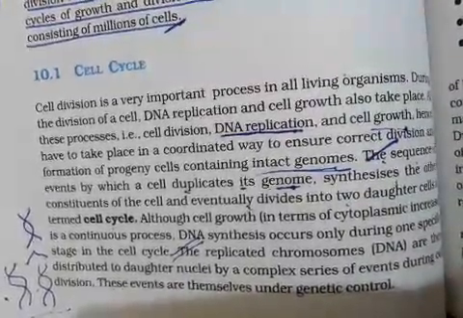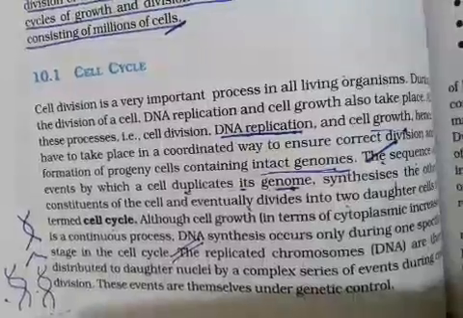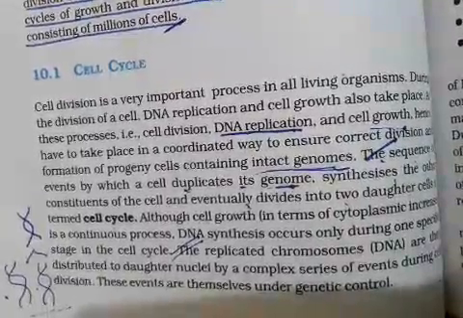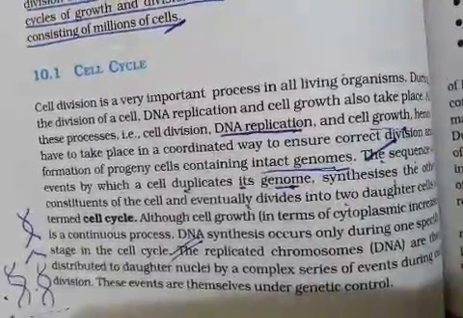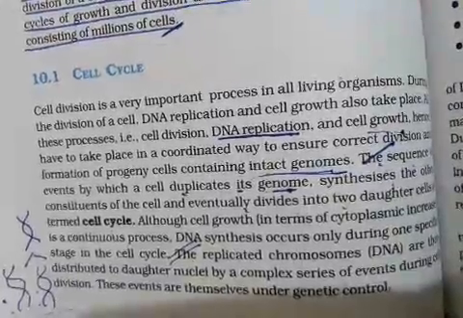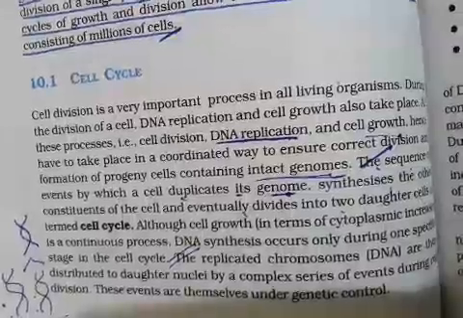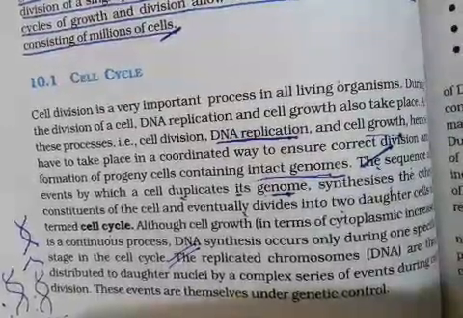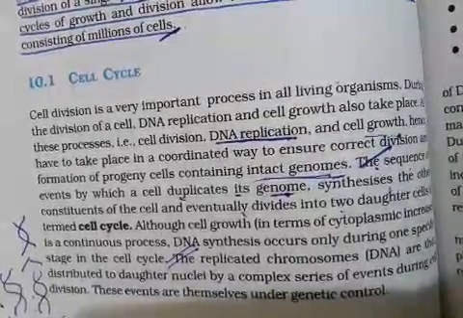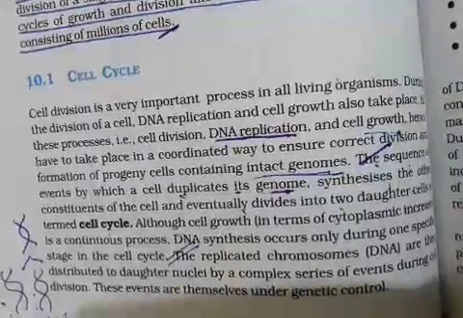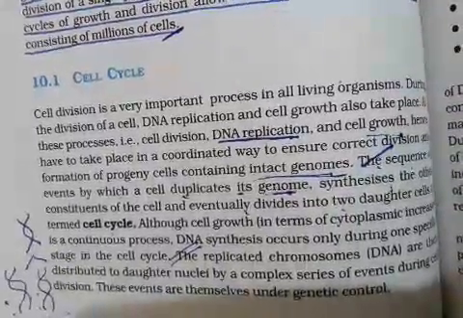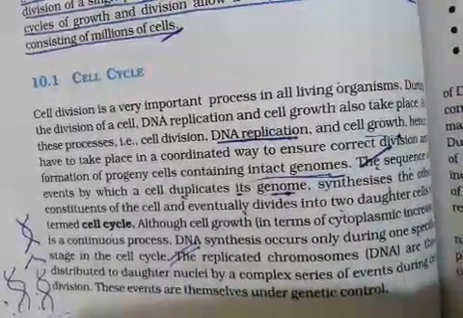The necessary point for division is the presence of properly functional, undamaged replicated DNA, which we get after the replication. That is the first phase of the cell cycle, the S phase. If the synthetic phase is functional and proper, only then will the cell undergo division.